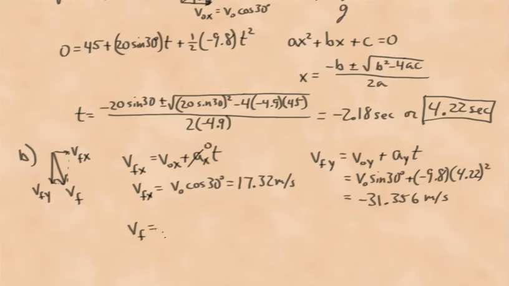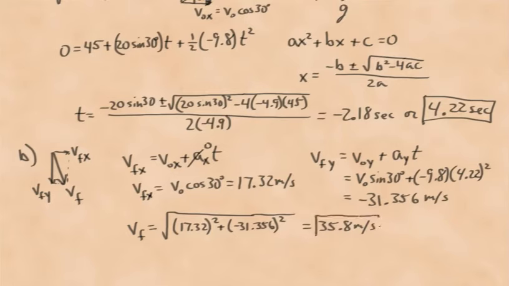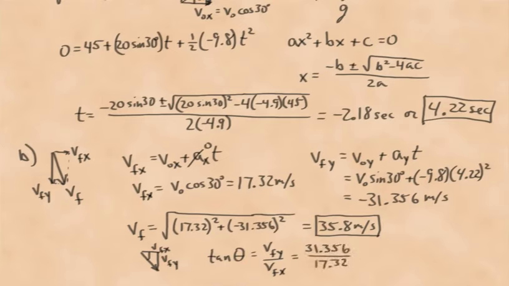And so the magnitude of the final velocity is 35.8 meters per second. And the direction, and here I'm just using magnitudes.